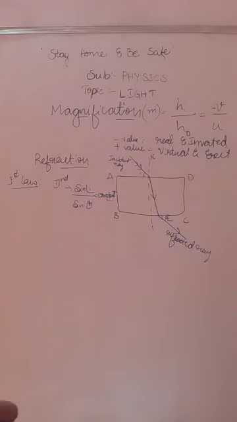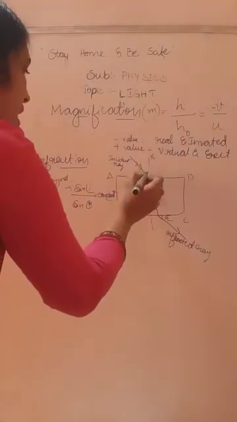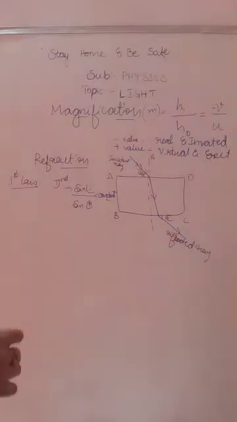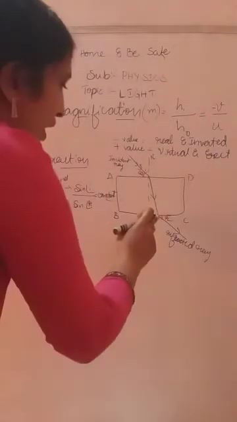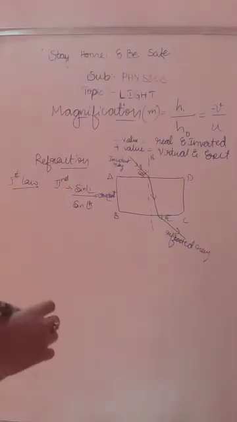The angle between the normal at the point and the incident ray is the angle of incidence. The angle between the refracted ray and the normal at the point is called the angle of refraction. So the ratio of the sine of the angle of incidence to the sine of the angle of refraction is constant. That is the second law.